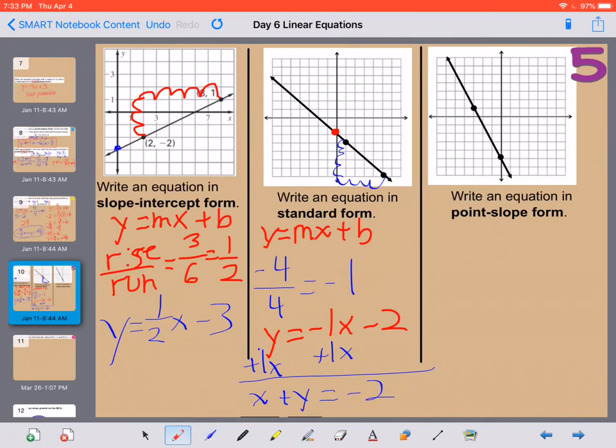Last one, point-slope form. So y minus y1 equals m times x minus x1. We need to find our slope. So I'm going to go down 1, 2, 3, 4, 5, 6, 7, so down negative 7.